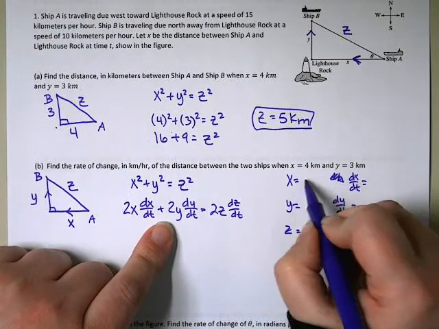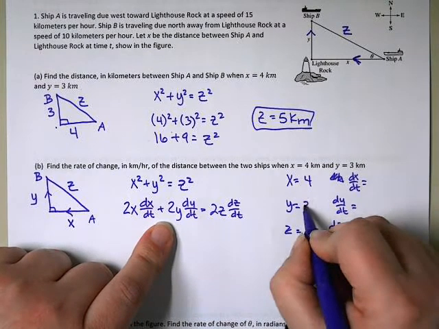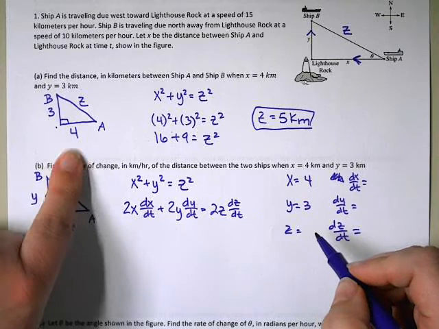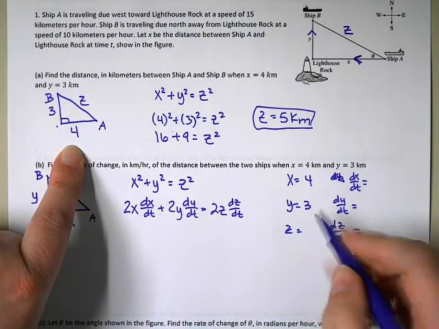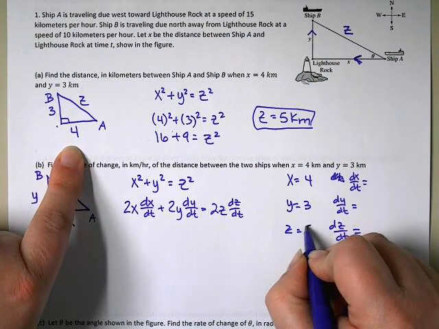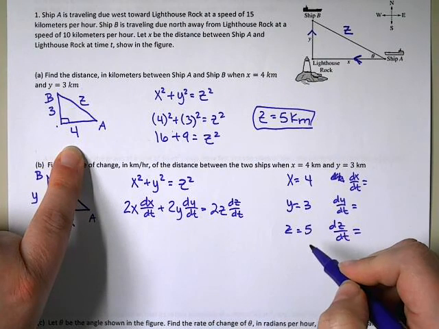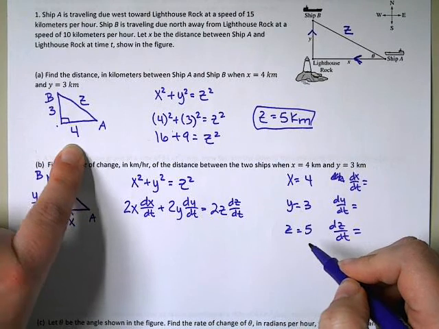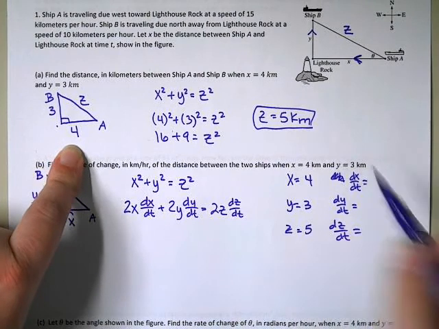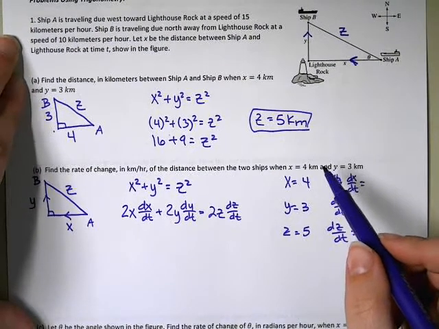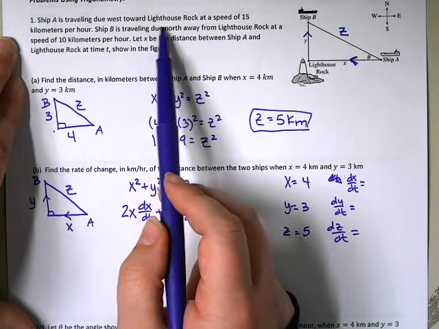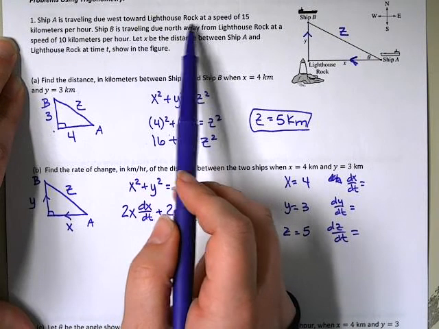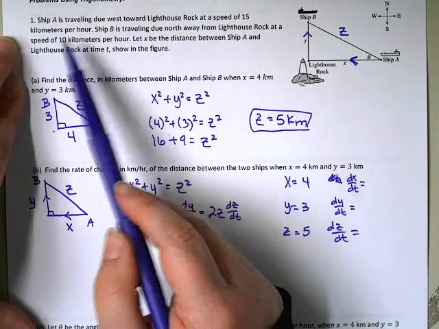We know that x is 4 kilometers, y is 3 kilometers, and if we pay attention, part A, that's the same x and y that we had, and we already found z to be 5. So we don't even have to do the work again, but if we had to, we would just do what we did in part A. But let's read the problem again and see what else we know. Ship A is traveling due west toward the Lighthouse Rock at a speed of 15 kilometers per hour.